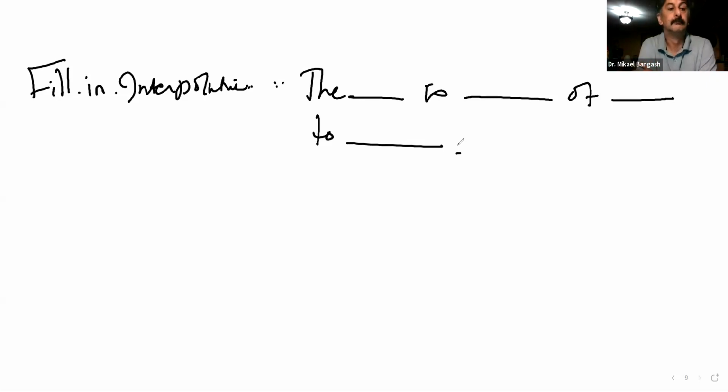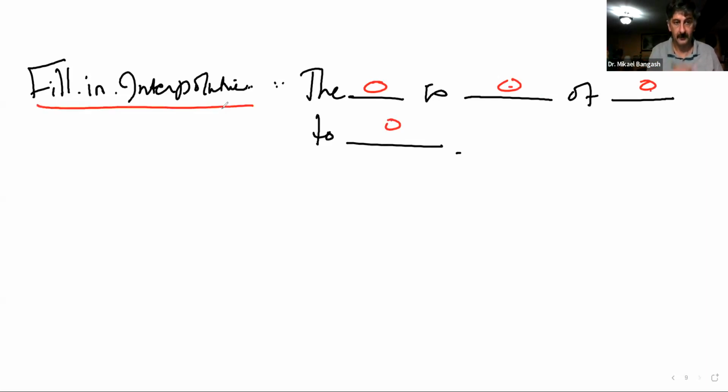Now you are filling up these spaces here with the accurate word, and that is going to be fill-in interpolation. Did that make sense?